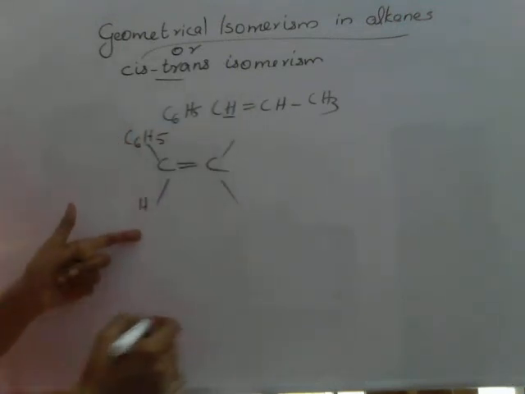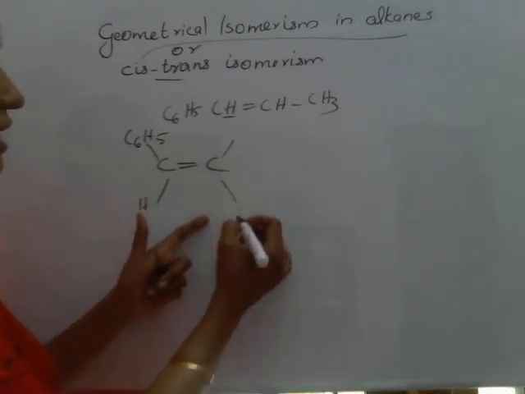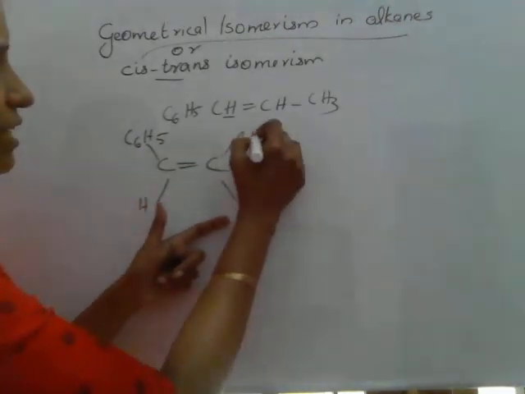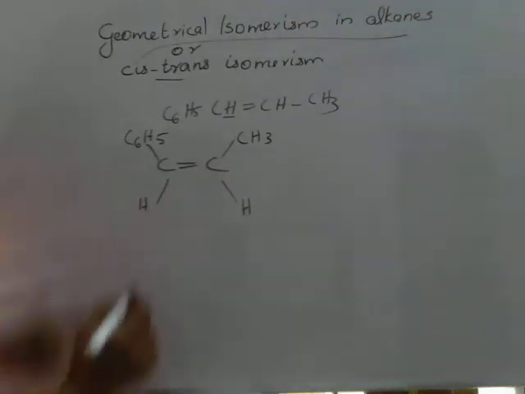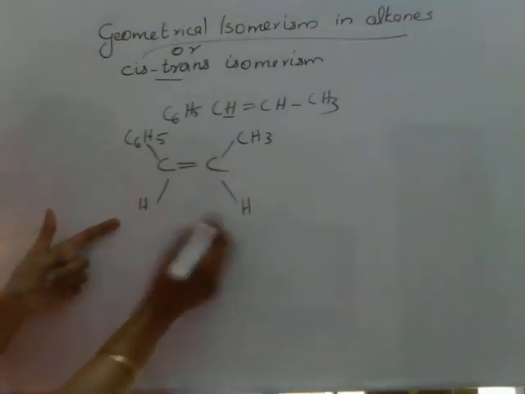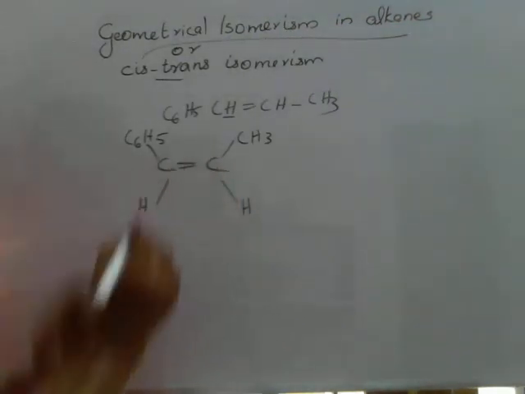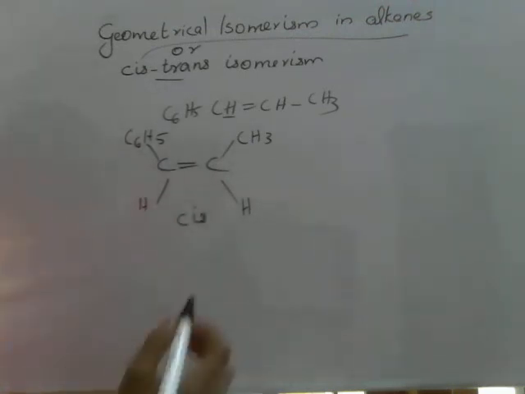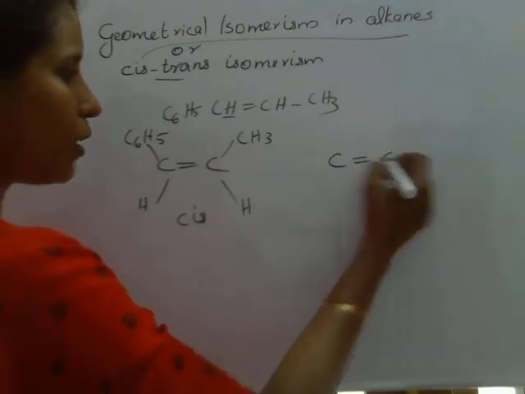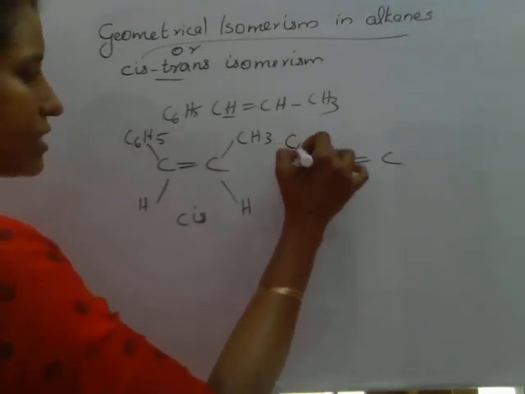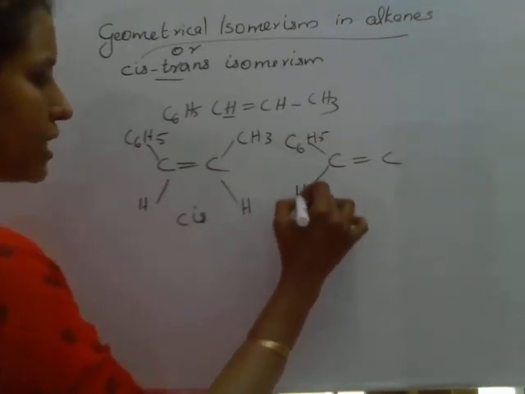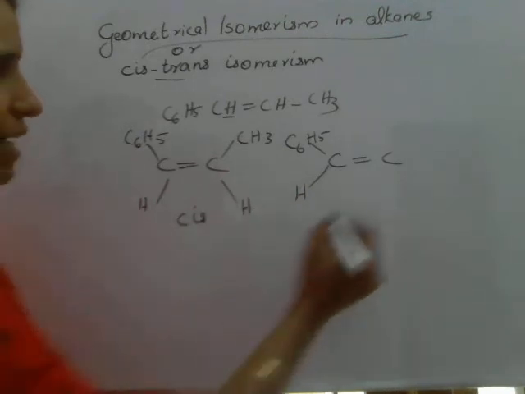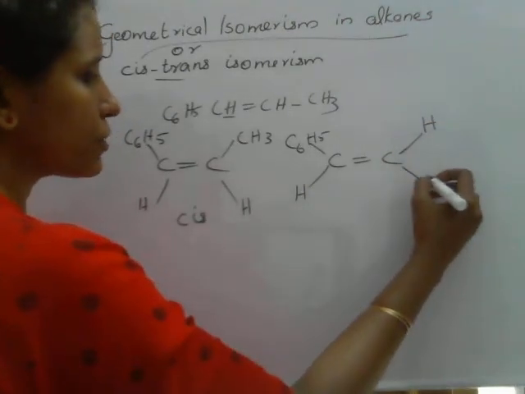C6H5 above, hydrogen below. On the second carbon atom, if I arrange hydrogen below, CH3 group above. See, identical groups are on the same side. One set of groups is identical on both doubly bonded carbon atoms. So this is cis. Trans structure also we can draw, how? By arranging the identical groups, here the identical group is hydrogen, on the opposite sides.